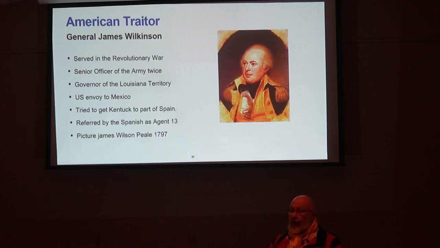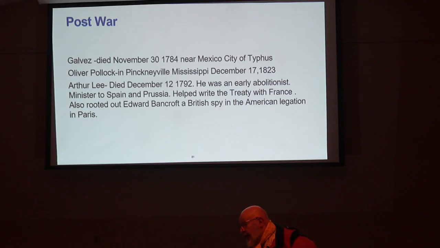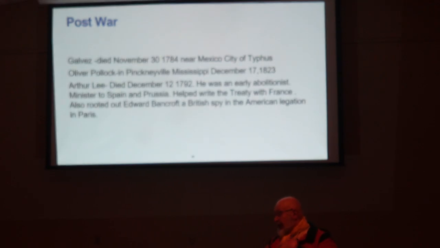He was referred to in Spanish documents as Agent 13. So he had been spying for the Spanish the whole time. And he was a senior man in the American Army. So there's not a whole lot the Spanish didn't know about the American Army, or America in general, because they were getting that. So post-war, Galvez died in 1784 in Mexico City of typhus.